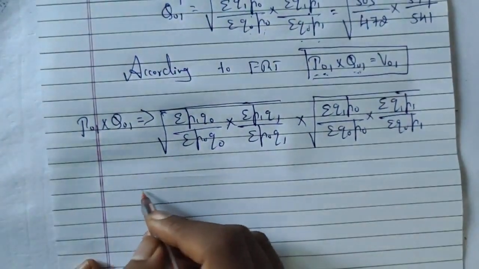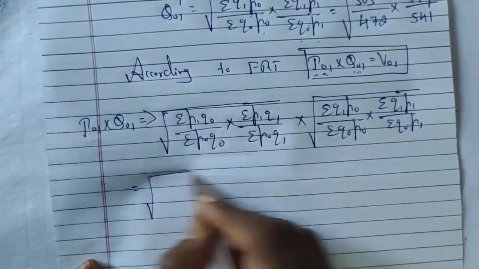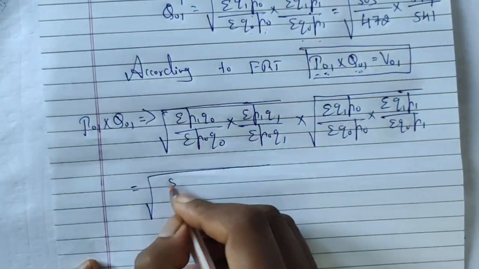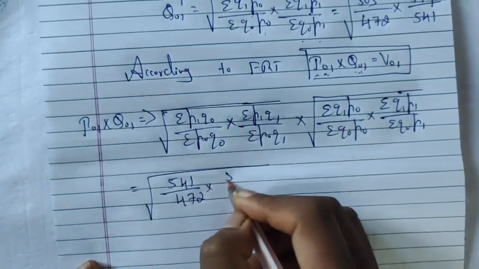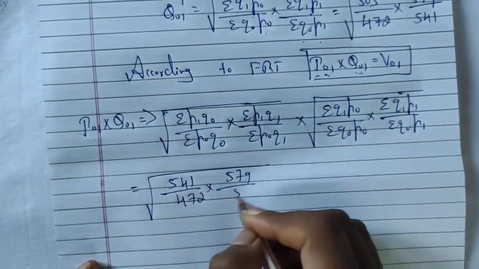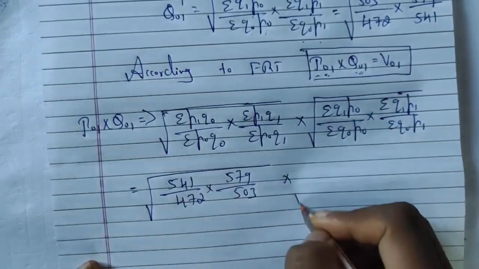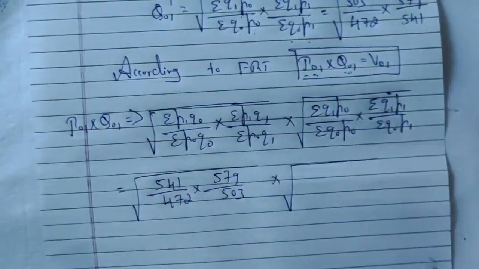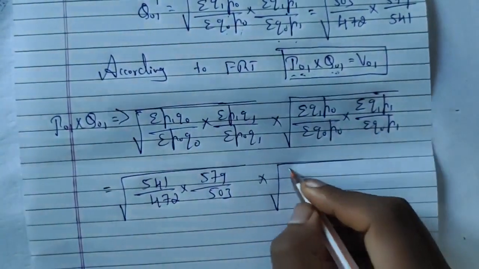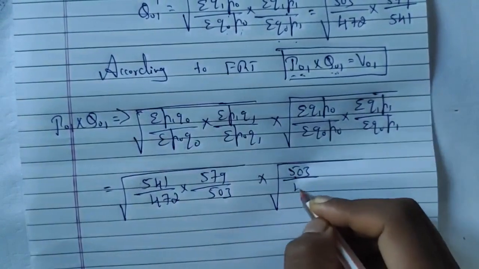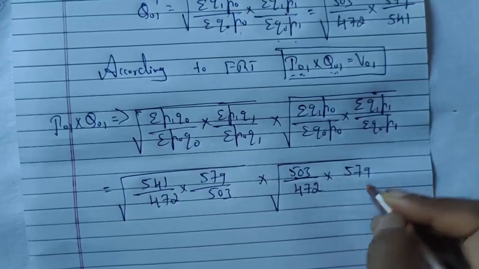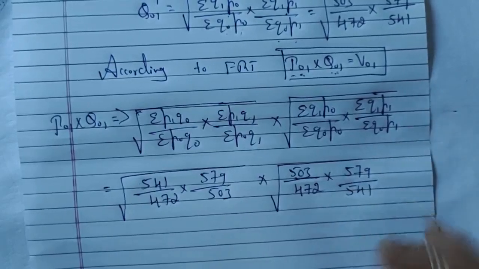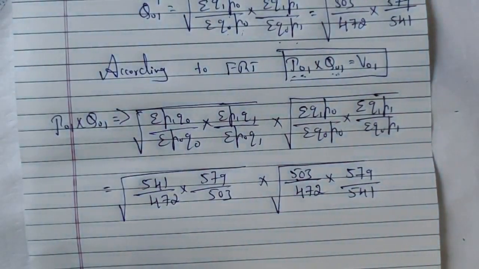So now substitute the values. Square root of 541 by 472 into 579 by 503. Square root of quantity 503 divided by 472 into 579 by 541.